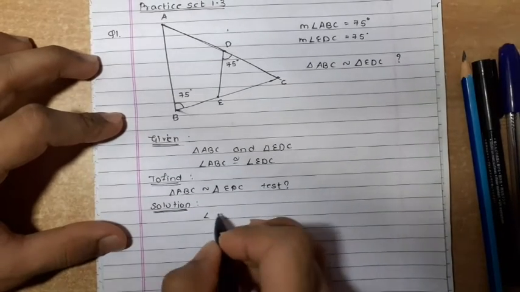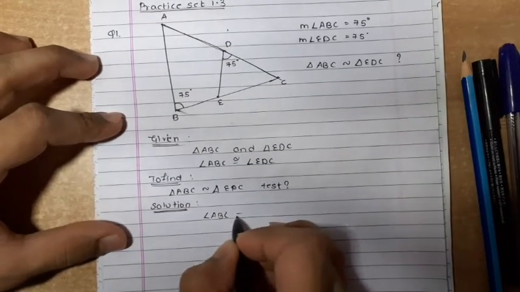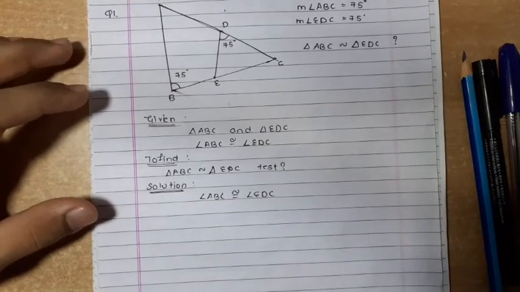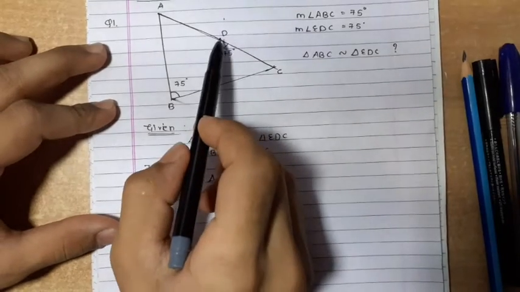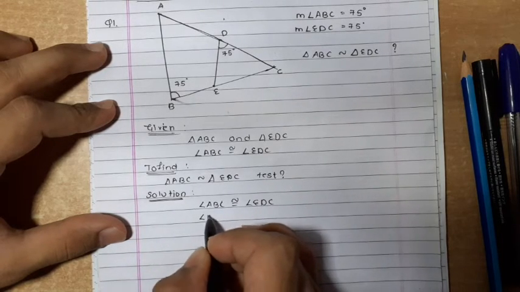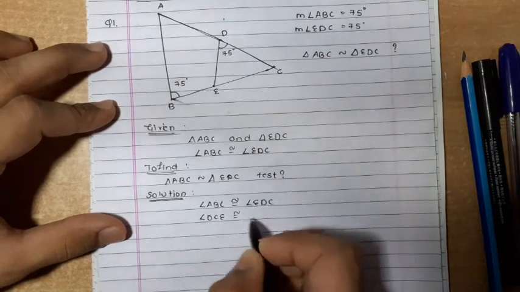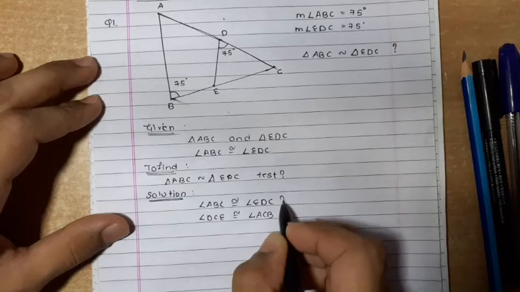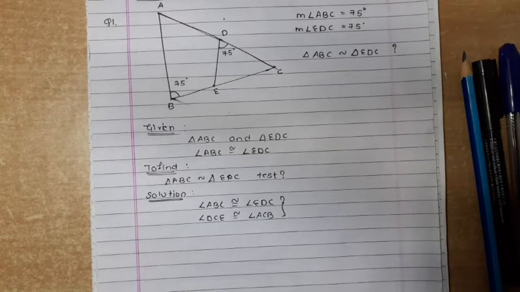We have angle ABC congruent to angle EDC, right? And as I said before, angle DCE is also congruent to angle ACB of the bigger triangle ACB. We have two angles congruent to each other, that means one triangle has two angles congruent to the two corresponding angles of the other triangle.